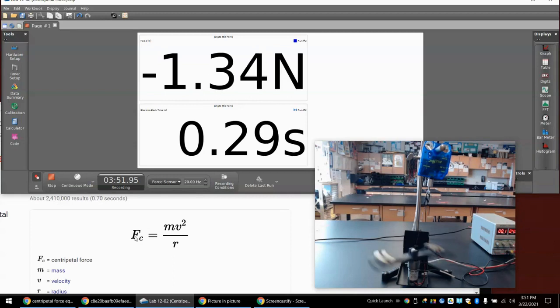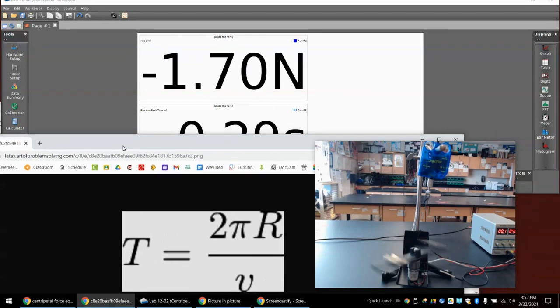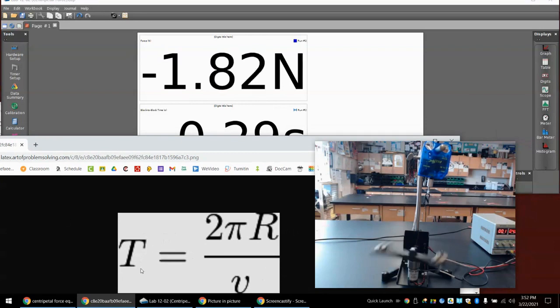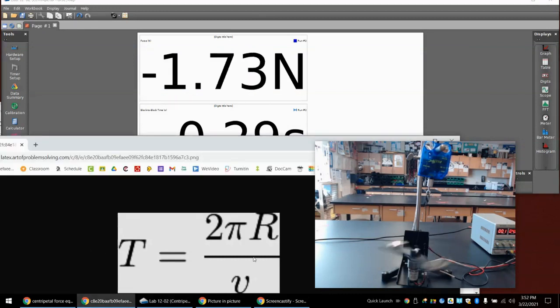Now, the last measurement is going to be the hardest to understand, because as we adjust the radius, we also adjust the velocity. They occur together. We can see this by looking at the equation on the screen here: the period, and that's how we're going to measure our velocity, is located right here, and the period goes up as the radius goes up.